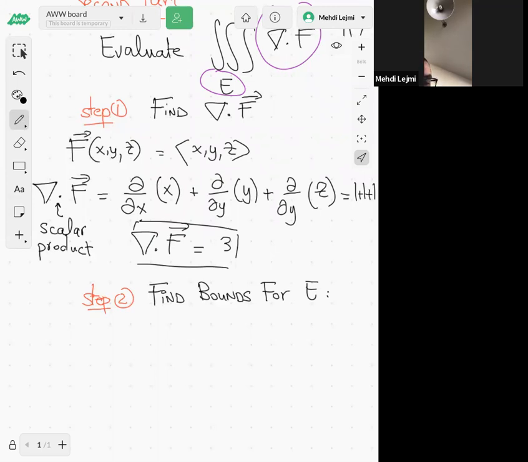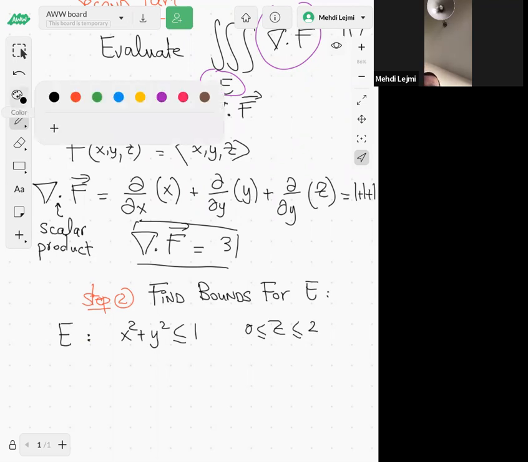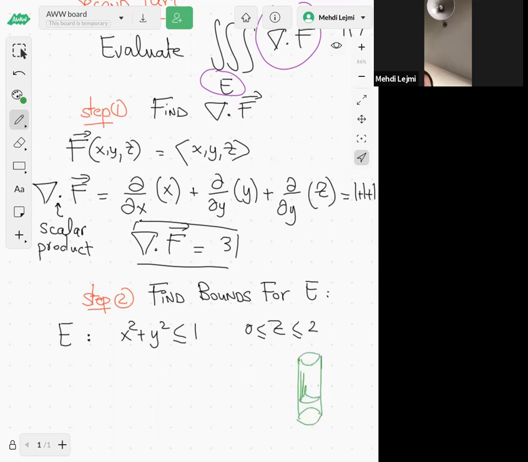Just to remind you, E was x squared plus y squared less or equal to 1, and Z between 0 and 2. So this is everything inside the cylinder. That's my solid E.